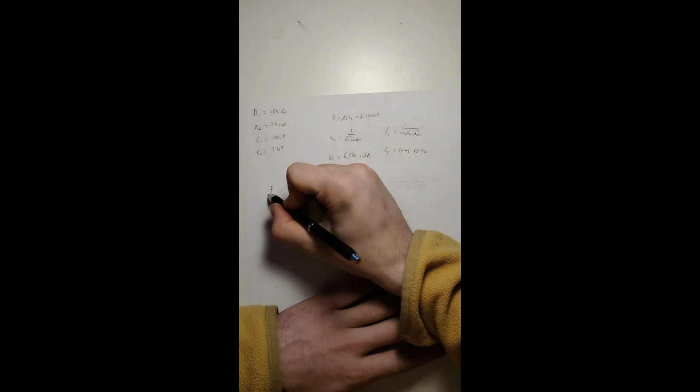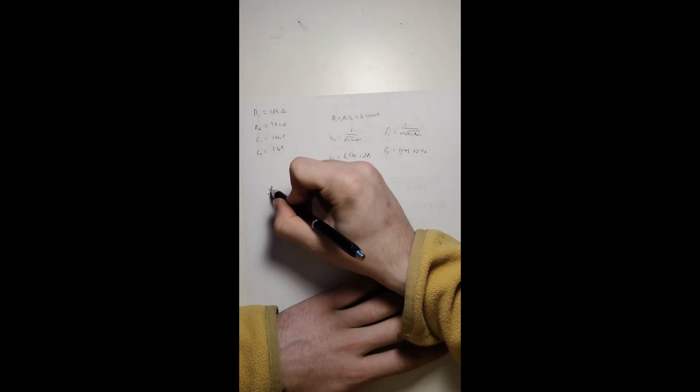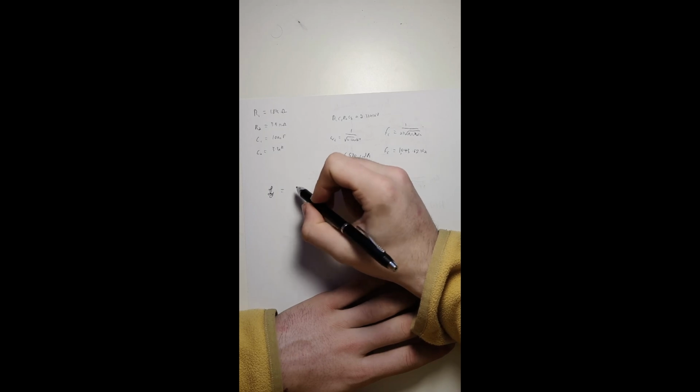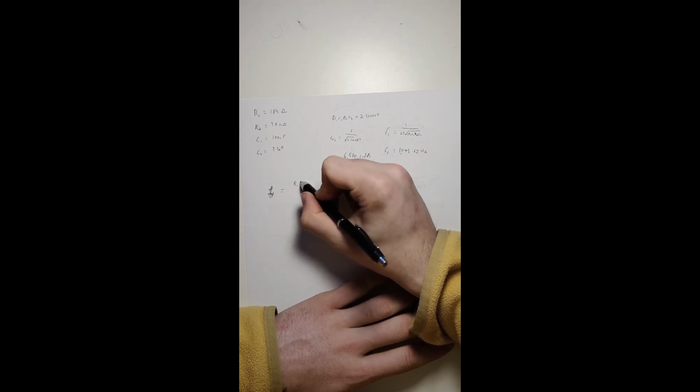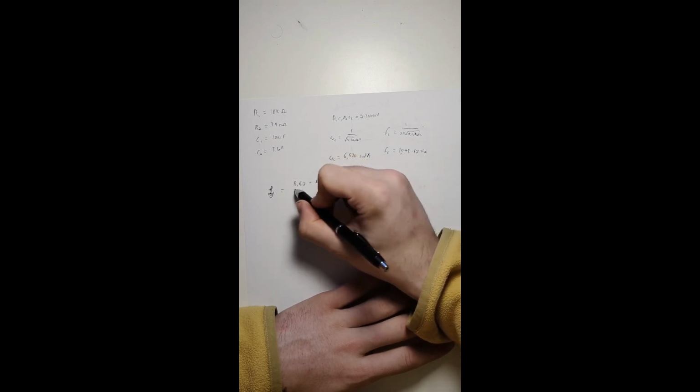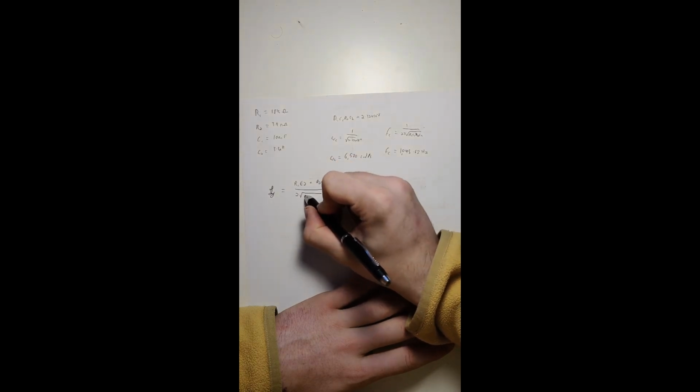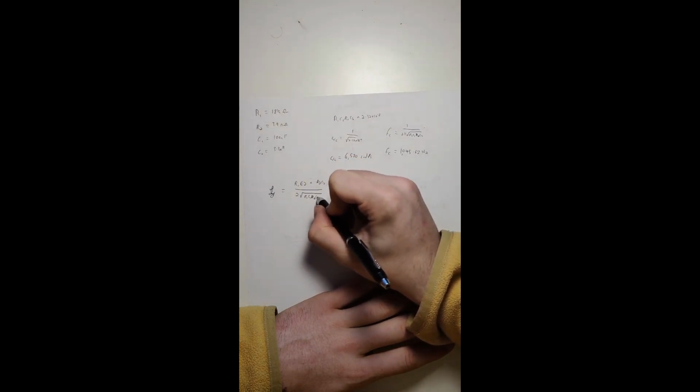And zeta is equal to R1 C2 plus R2 C2 over 2 root R1 C1 R2 C2.